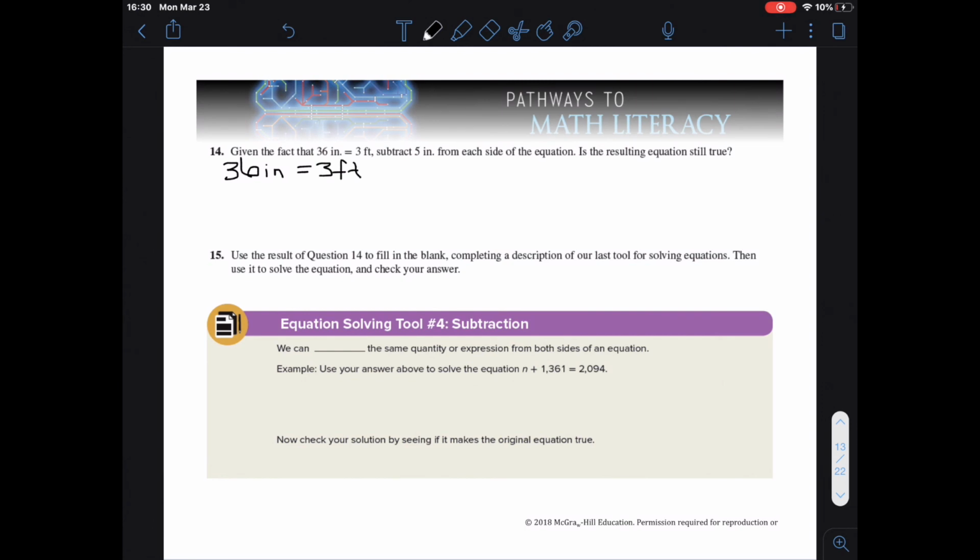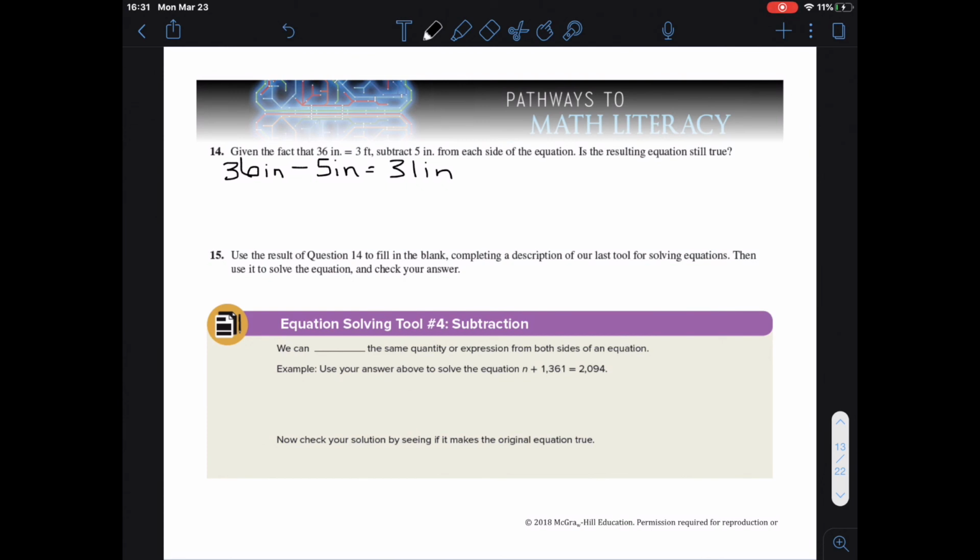Now I can't quite subtract 5 inches from that. So I'm going to start with just this 36 inches. If we subtract 5 inches, those are like quantities, so we can simplify it to 31 inches.